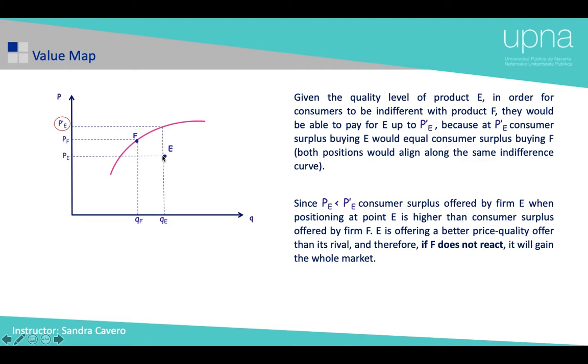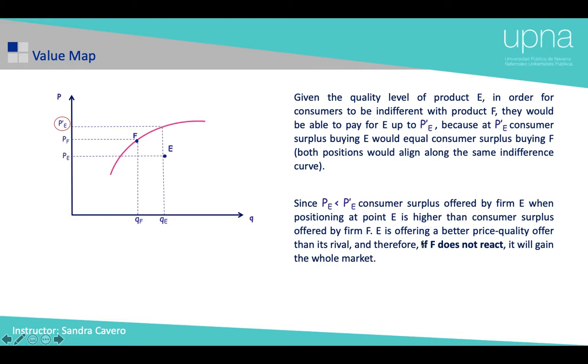And E is asking just PE for that product, so it's offering a larger consumer surplus than F in this case. So if this was the case, firm E would gain the whole market since it's offering larger consumer surplus to consumers.